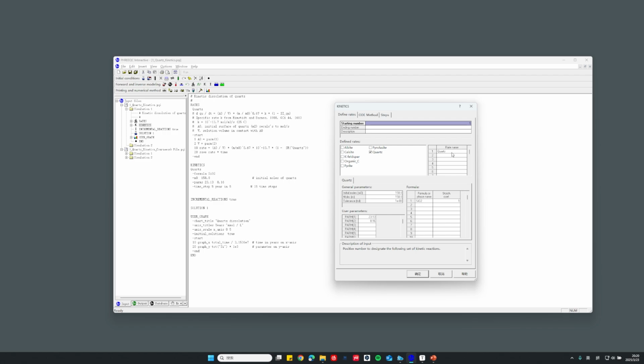So here we can see the rate name is quartz, but we can also see some other things here. These are defined rates. That means in the database, these minerals have been defined already, and you can use them directly. Also, you can see the formula has also been defined already.